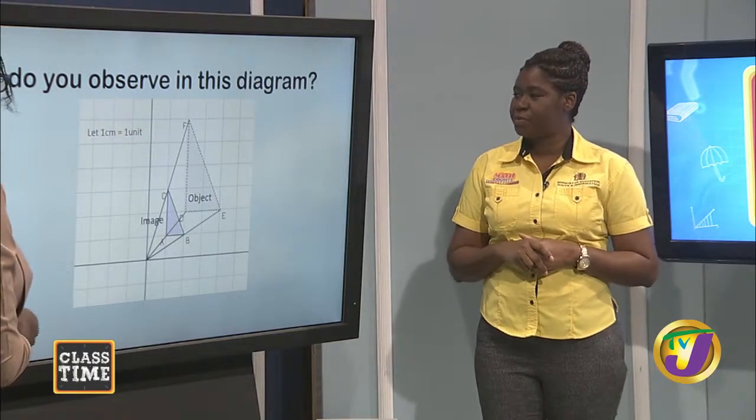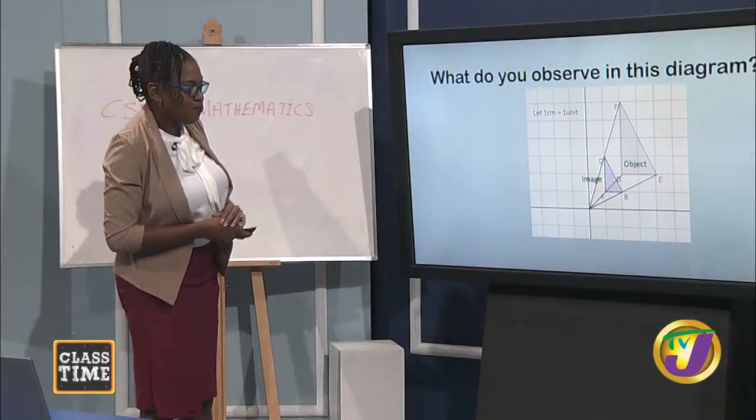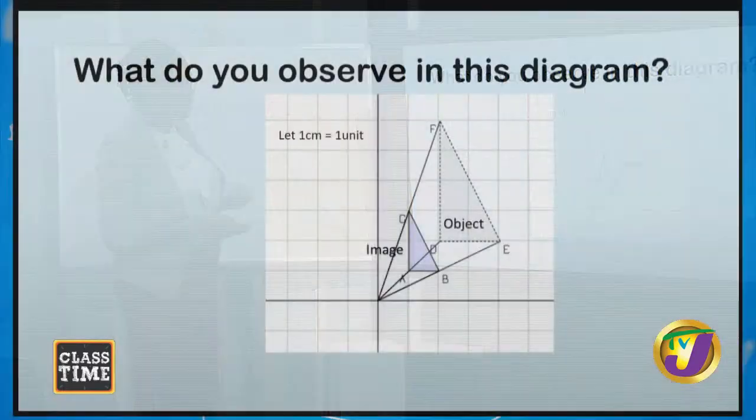Let's start with the object. For the object, DE would be 2 units, and we have a scale here that says 1 unit is 1 centimeter. So DE would be 2 centimeters, and DF would be 4 centimeters. What would be the area of this triangle?